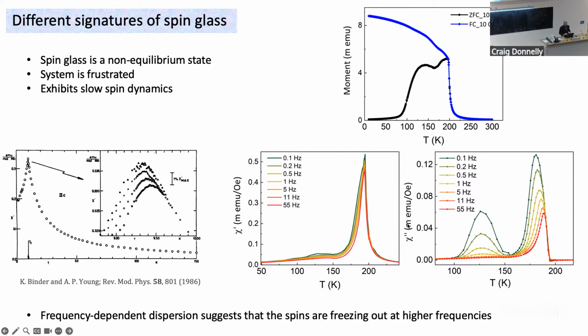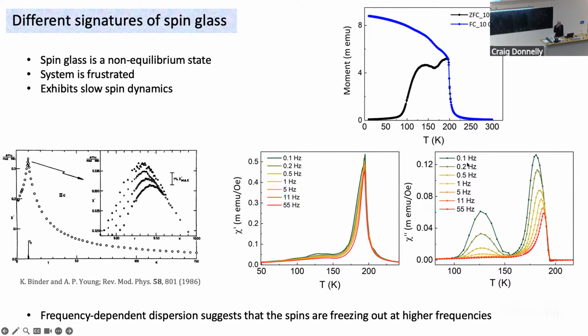And now this is our own measurement for this Fe3GeTe2, and what do we find? This is the real part of the susceptibility, this is the imaginary part, and by the way, this is on a single crystal, not a single monolayer. We see clearly, particularly in the imaginary part, that this peak in the susceptibility decreases substantially as we increase the frequency of the AC field excitation.